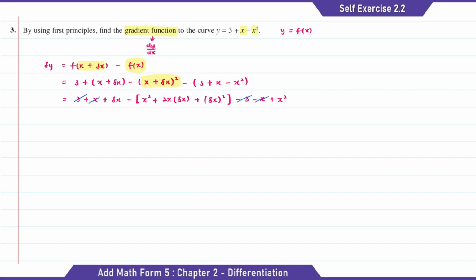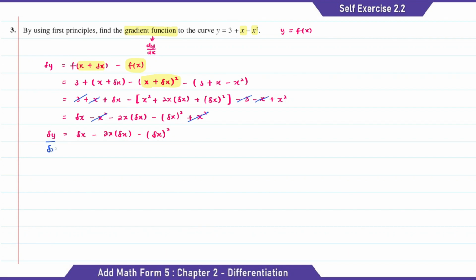X minus x will be cancelled as well. So next we're going to get delta x minus x squared minus 2x delta x minus delta x squared plus x squared. So negative x squared plus x squared here will be cancelled. So this will be the delta y.